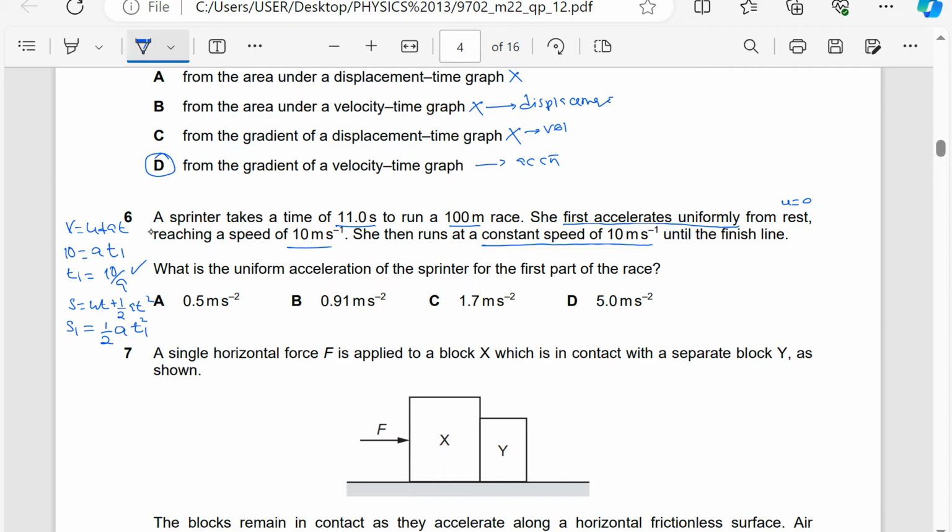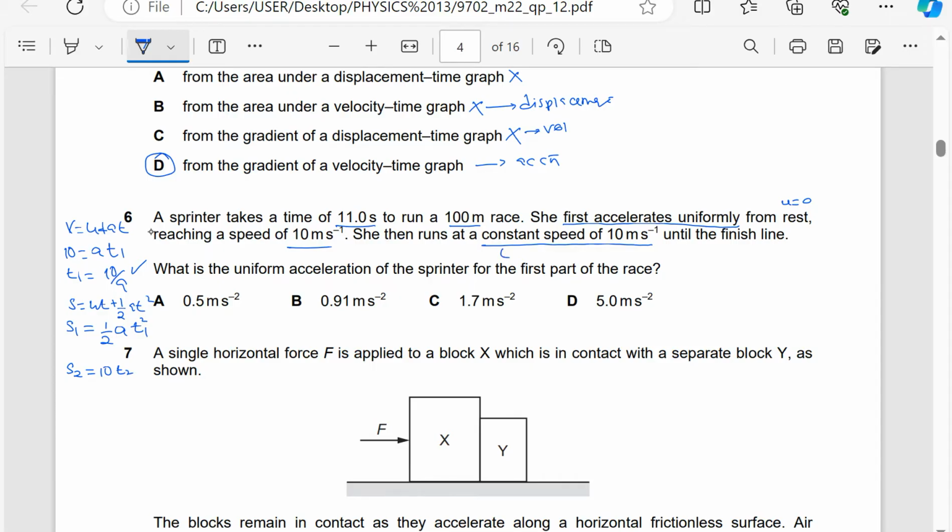Then when she runs at a constant speed, the distance she moves, if I use s equals ut plus a half at squared, at constant speed acceleration is 0, so s2 is equal to the speed, which is 10 meters per second, times the time t2.